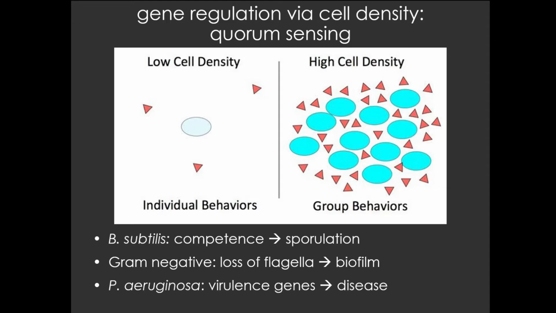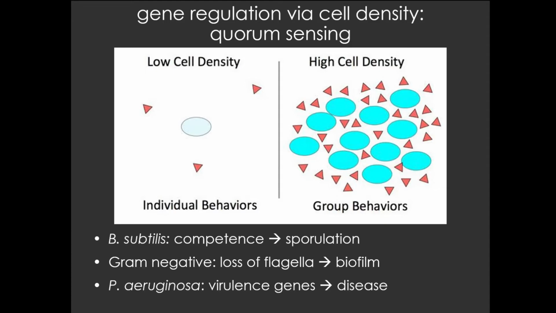So they will hide out, be quiet, not do anything to ruffle the feathers of their host, which would cause the immune system to come into the area, until there are enough of them there that they can actually mount a productive attack against the host defenses.